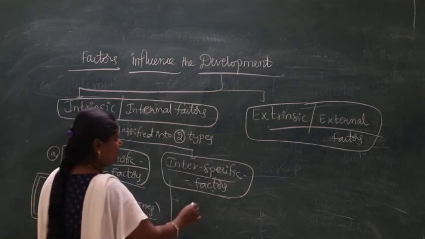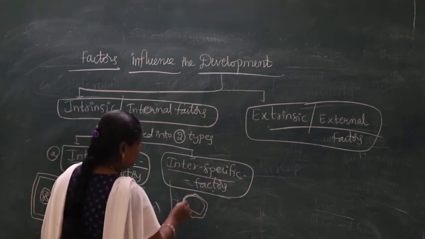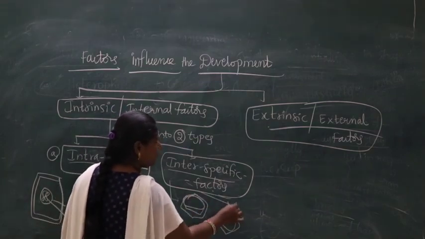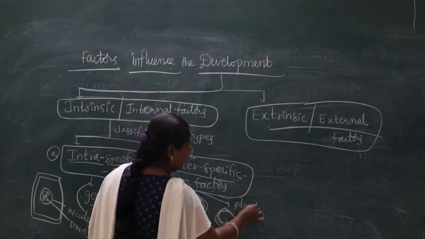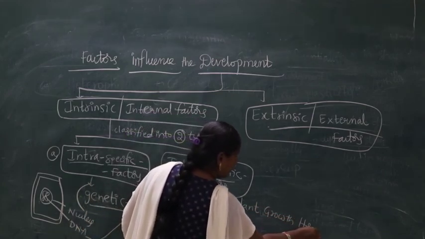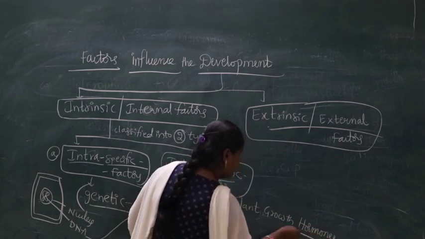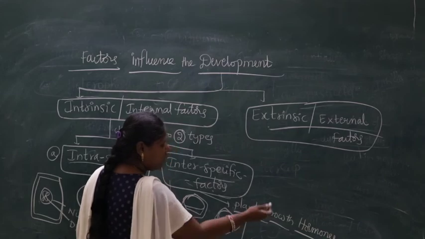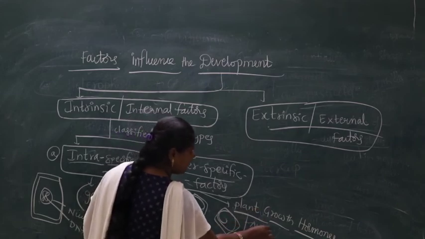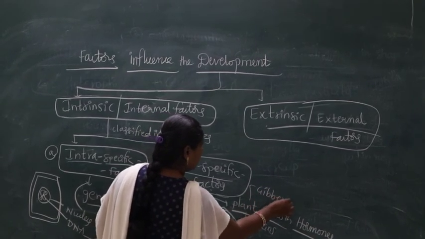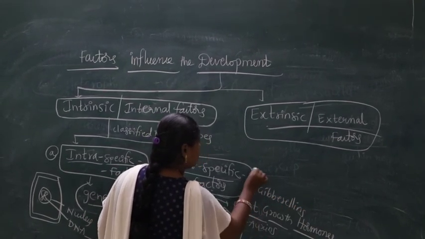Coming to interspecific factors, this is one cell, this is another cell, and in between you find plant growth hormones, or plant growth regulators, like auxins, gibberellins, cytokinins.